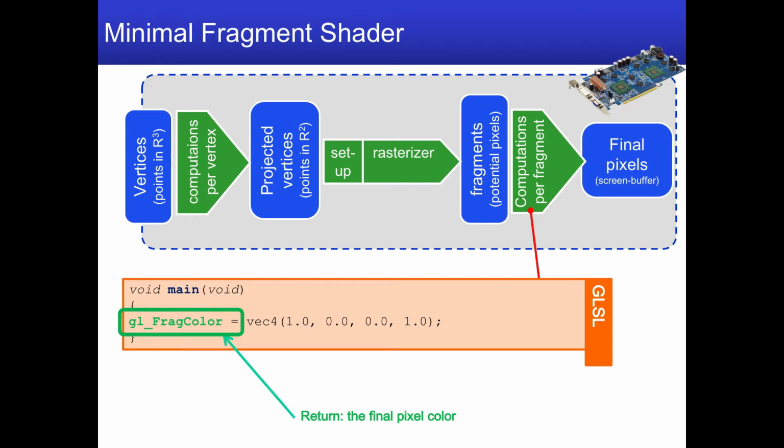But for example, this shader, for each vertex that passes the first stage and is transformed, you just return one color, which is R. This is the other built-in variable of the fragment shader that it should return. This color is the color that you see on the screen, and you can program how to get it.